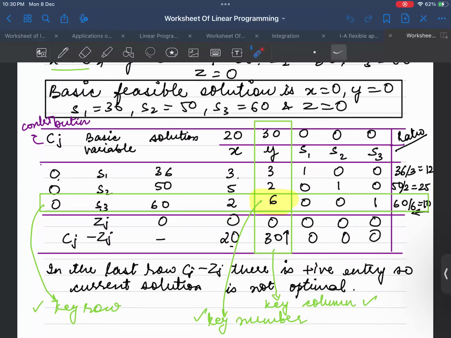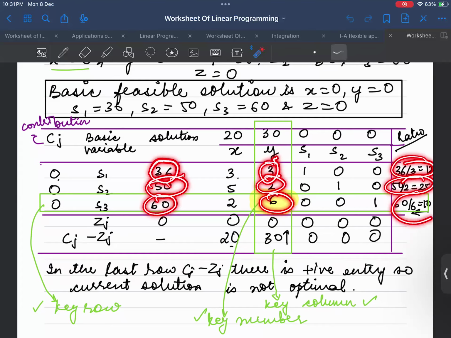And then we calculate the ratio to determine which would be my departing variable. I am saying y will come in, but in place of which one: S1, S2 or S3? I have to decide which will be the departing variable, and then y will be the entering variable. To check the departing variable, we calculate the ratio. The solution values, 36 and so on, are divided by the respective key column values. 36 divided by 3 would be 12. Here 50 divided by 2 would be 25. 60 divided by 6 would be 10.